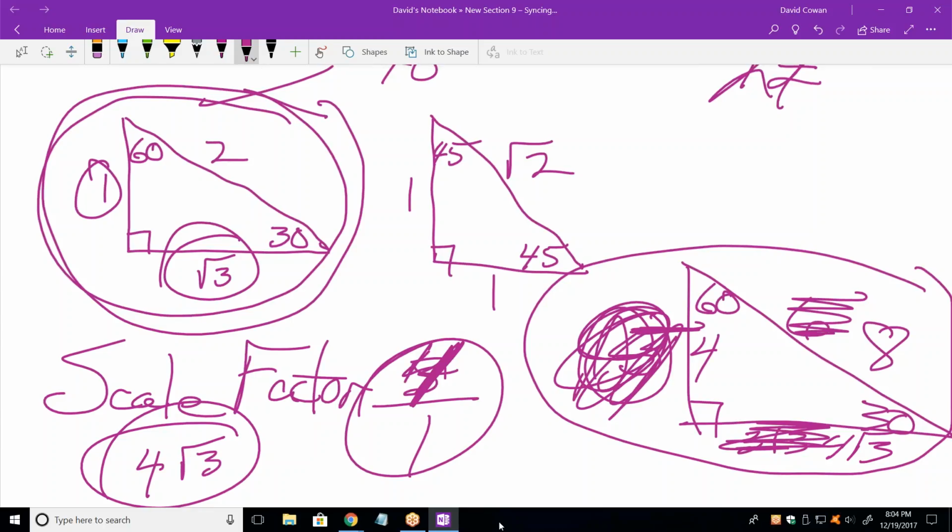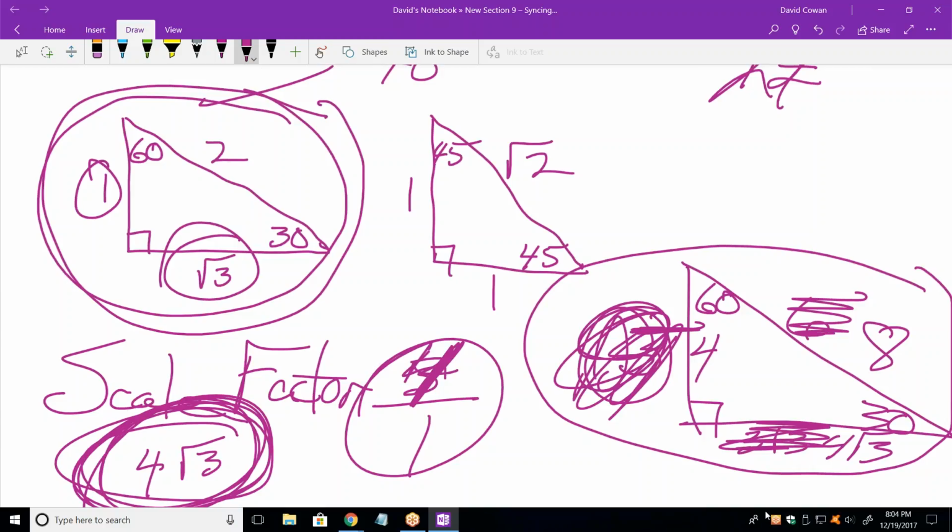So don't put the 4 inside the radical sign and end up with square root of 12. That's not the way you multiply. When you multiply a number by a radical number, you just leave it outside. It's 4 times root 3. That's your answer.